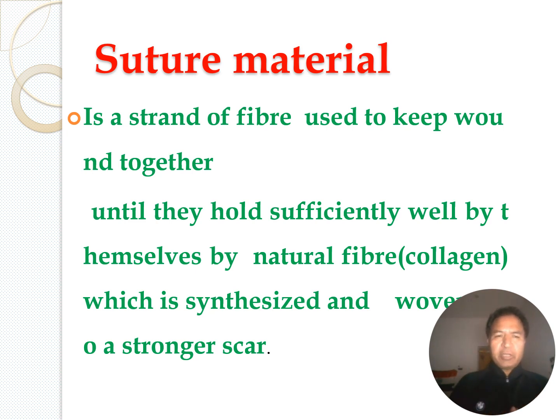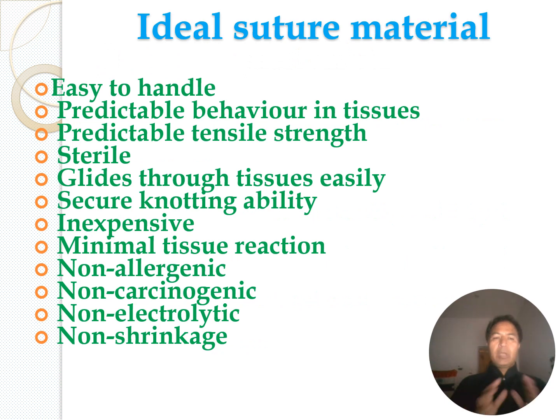Suture material is a strand of fiber used to keep wounds together until they hold sufficiently well by themselves, by natural fiber collagen, which is synthesized and weaves a strong scar.